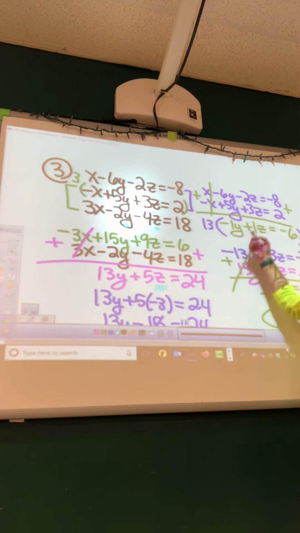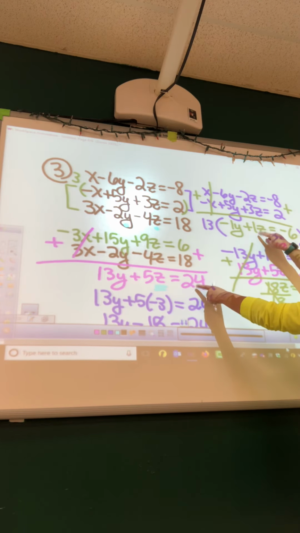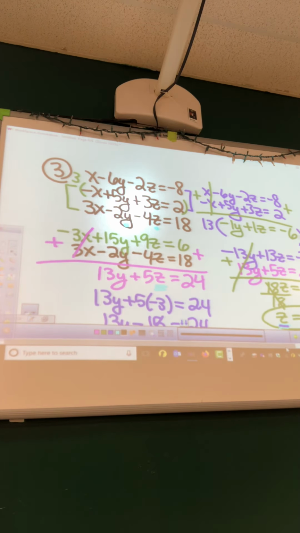So we did elimination. We then chose elimination again. So it's double elimination on the harder ones. And we said, what do we want to eliminate? And I heard y. So we multiplied the green equation by 13, added it with that pink equation, got our z.